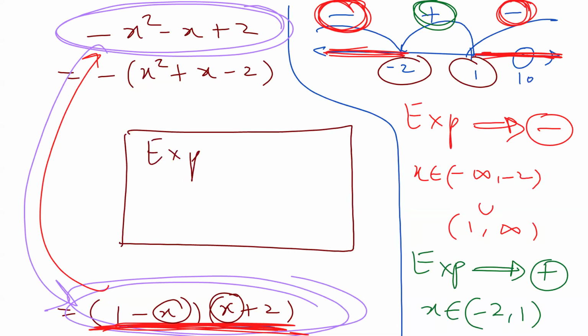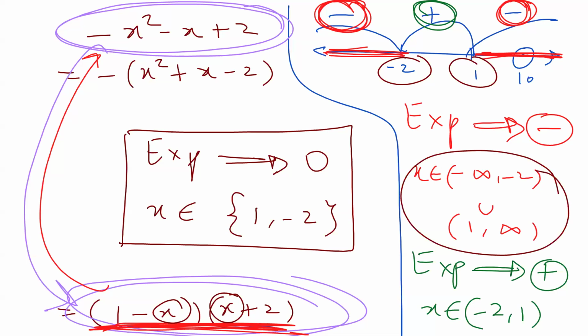That means there is no sign when x belongs to the critical values 1 and -2. So the expression is positive when x belongs to -2 comma 1, and negative outside. At the critical values the expression value is exactly equal to 0, because if you put any one of the critical values in this expression, the answer is going to be 0. So it is going to be signless.